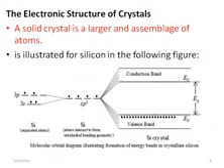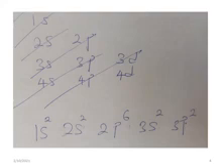Now let us look at the electronic structure of crystals, because I told you any element in solid state is arranged in what we call a crystalline structure. If we look at the crystalline structure of silicon, silicon is element number 14, which means its atomic number is 14.